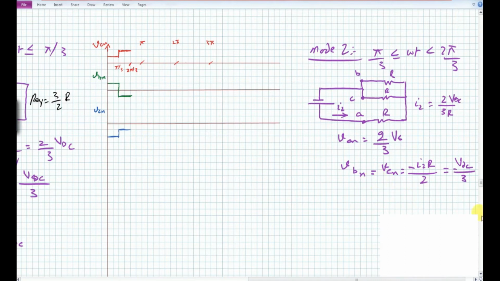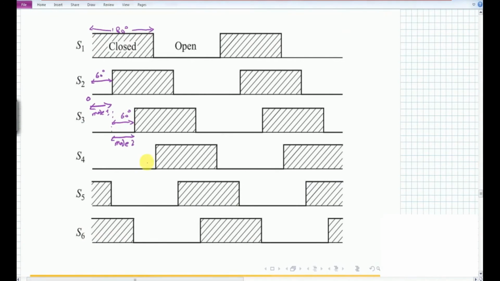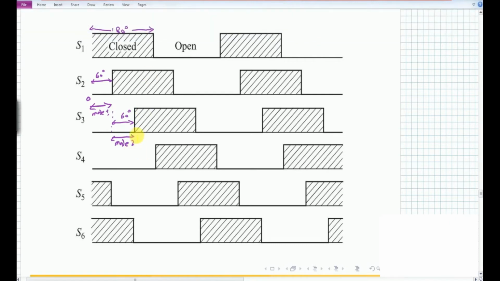For mod number 3, we again need to review the switching schemes before we draw the equivalent circuits. So for this mod number 3, for this one period of time, you can see here we still have switch S1 conducting.